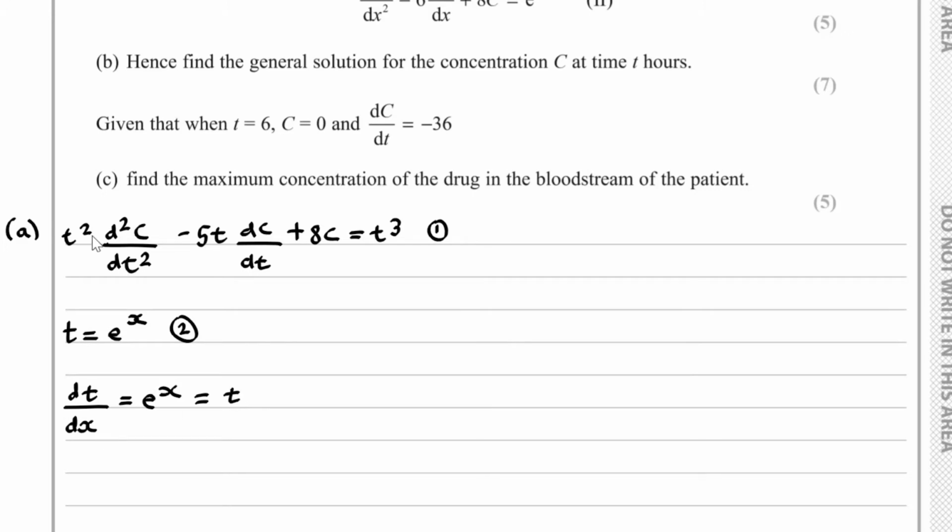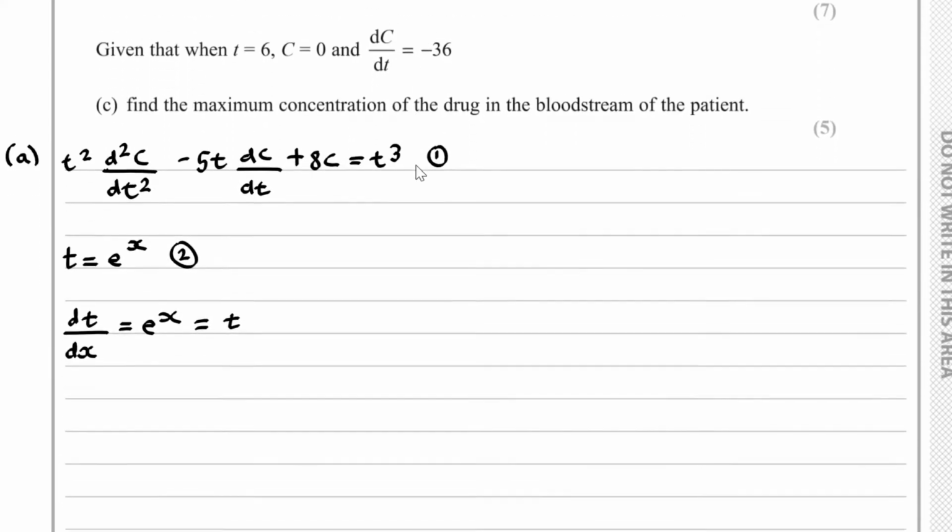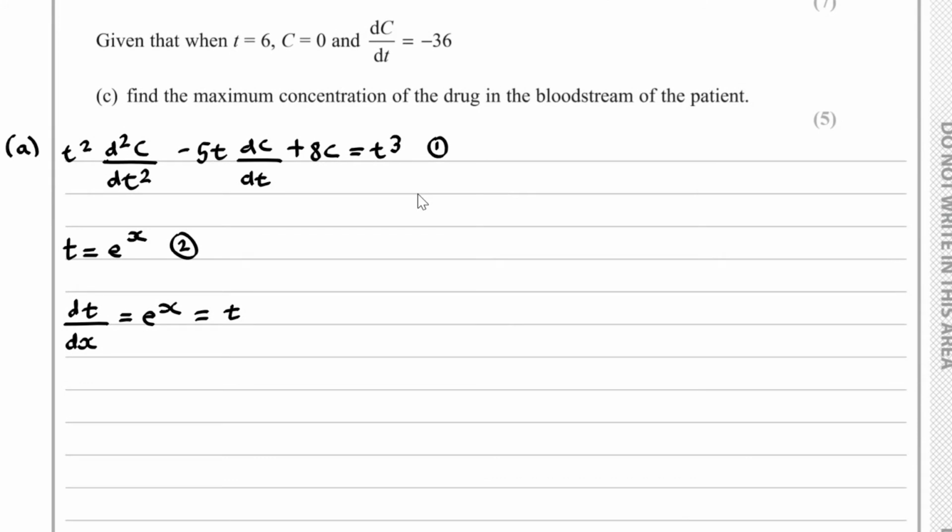Now our goal is to replace all the t's with x's. If you look in the question, we have a dc over dx and a d squared c over dx squared, and we can find out what dc over dx is using the chain rule. dc over dx is equal to dc over dt times dt over dx.